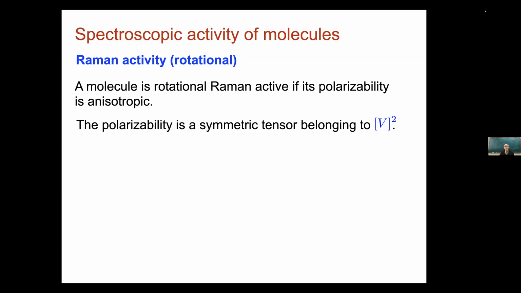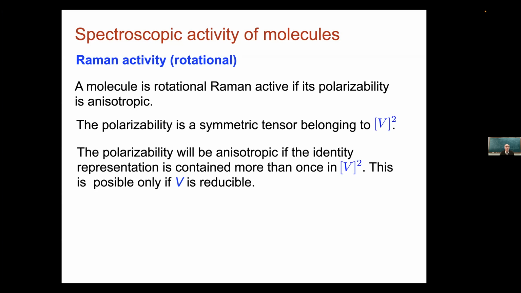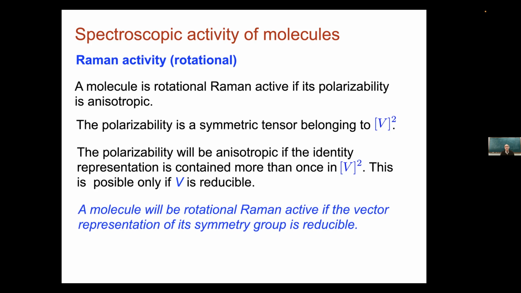Now, the polarizability is a symmetric tensor belonging to V squared. It will be anisotropic if the identity representation is contained more than once in V squared. And this is only possible if V is reducible. Okay, that's basically what I was saying. I need more than one invariant. If I only have one invariant, that's x squared plus y squared plus z squared, and this is the identity. So this is the criterion.